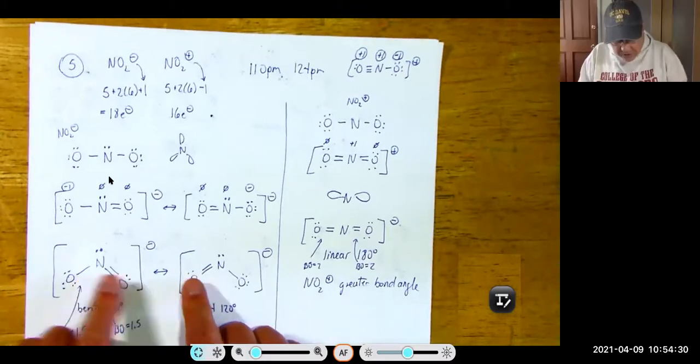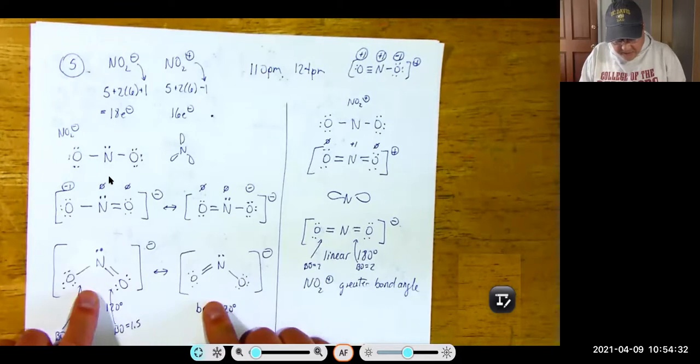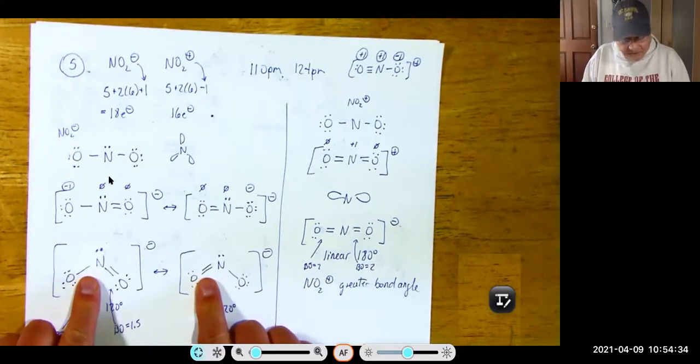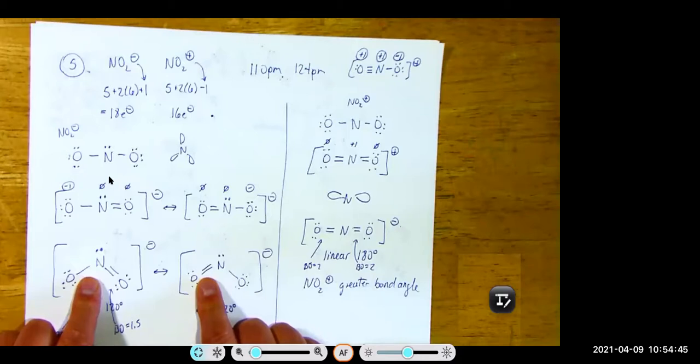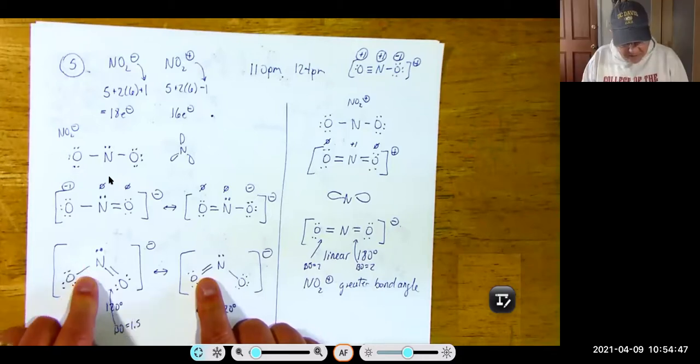I find the same two atoms, and I ask, what is the total number of bonds and how many structures are there? One bond there, correct?